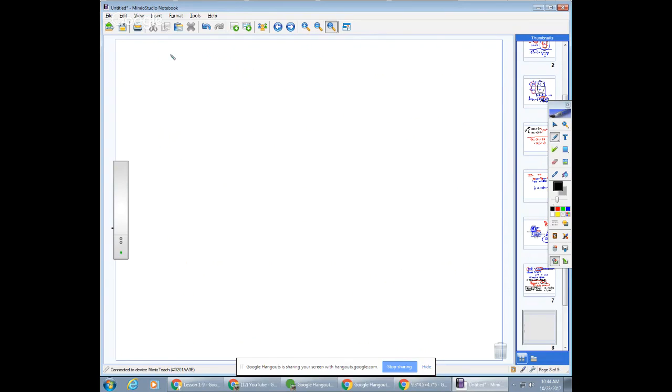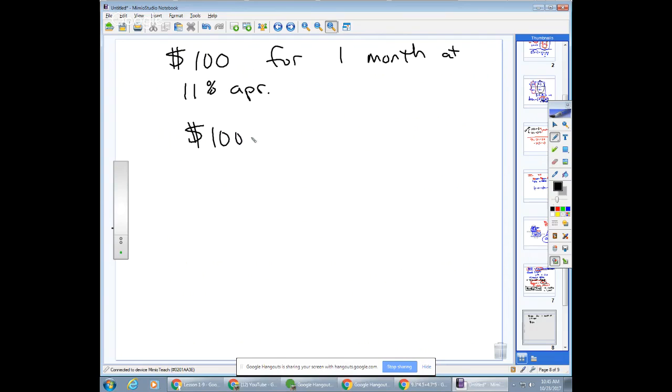So if we have $100 in debt for 1 month at 11% APR, then we would take our $100, we would multiply it by the 11%, and then you could either say multiply by 1/12 or divide by 12. I'm going to call it multiply by 1/12 here, because this is an idea that's called simple interest.